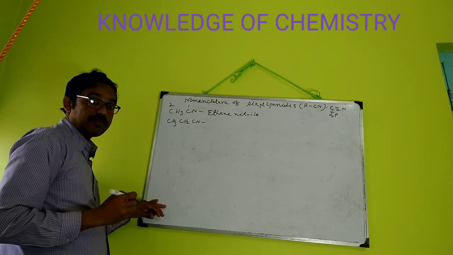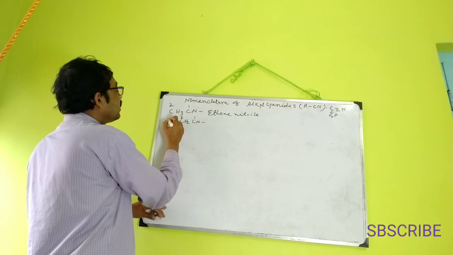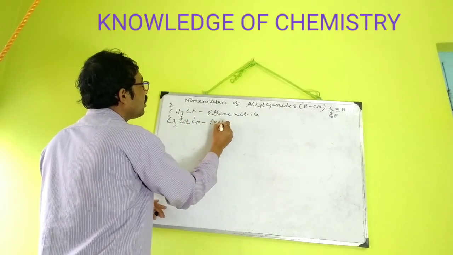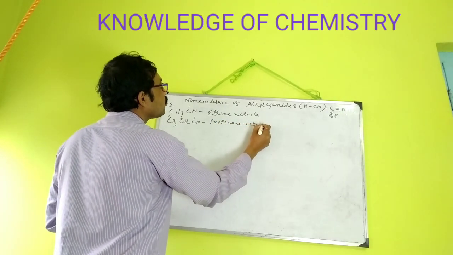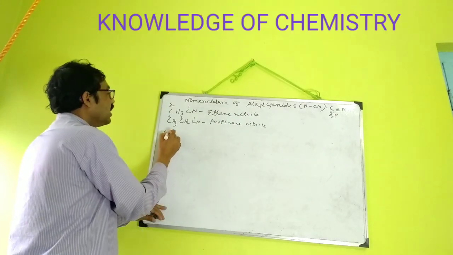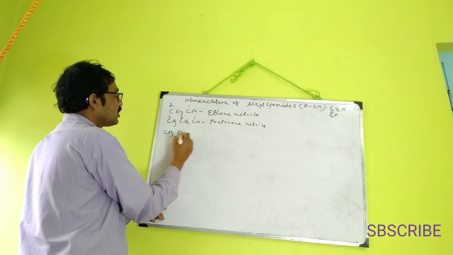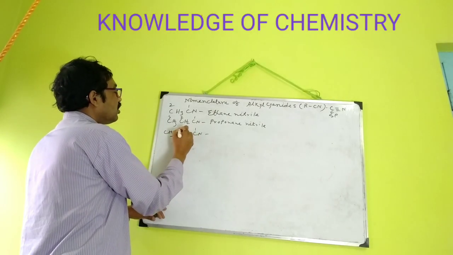CH3CH2CN is named as propanenitrile, as there are 3 carbon atoms. Next, consider the chain numbered 1 2 3.